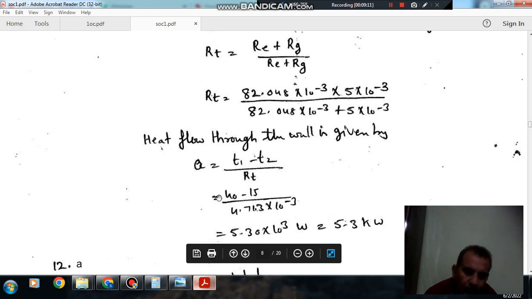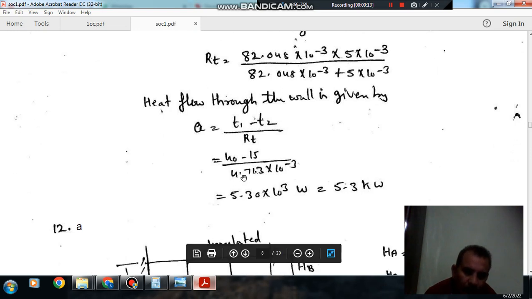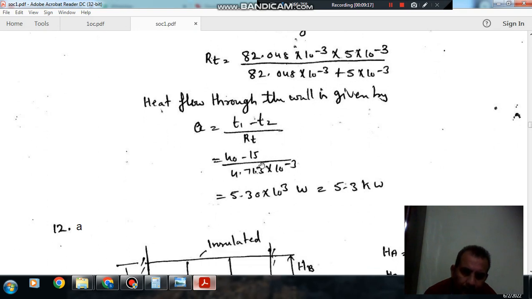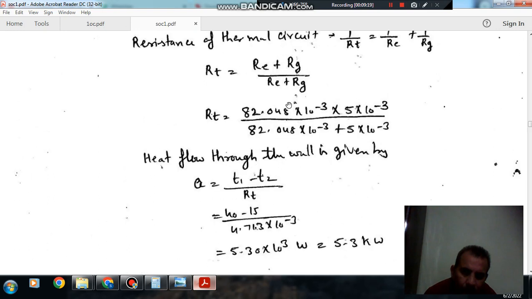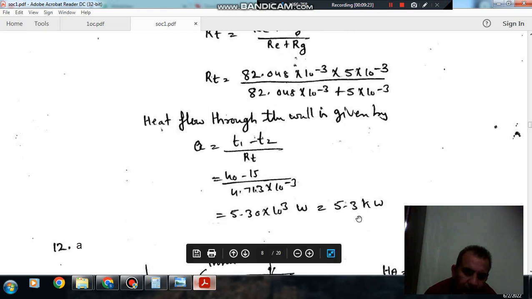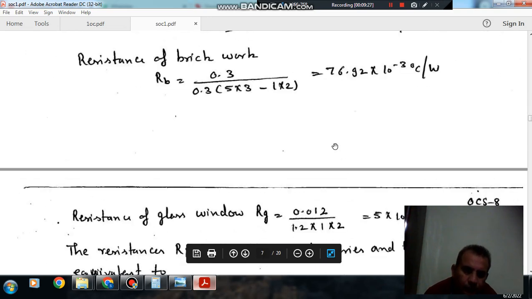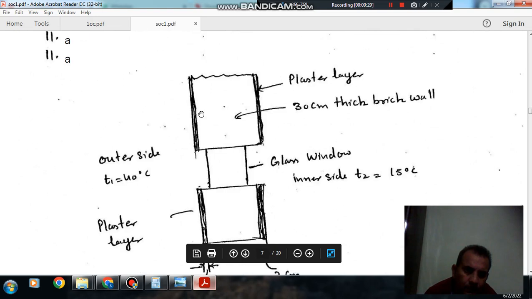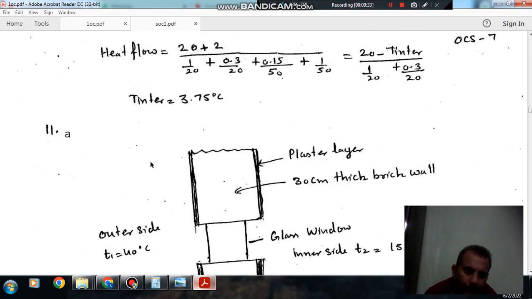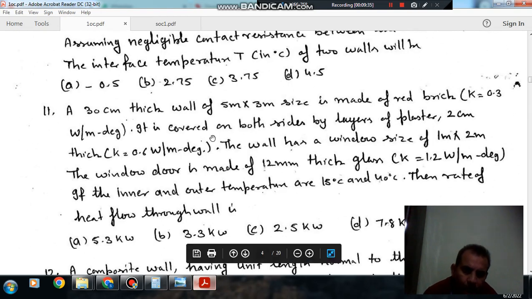Now T1 and T2 are known, that is 40 and 15, so we can put the value of RT in this. So the heat transfer will be 5.3 kilowatt. So the answer is option A.